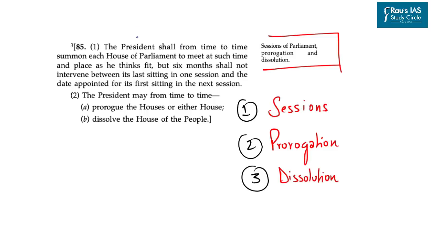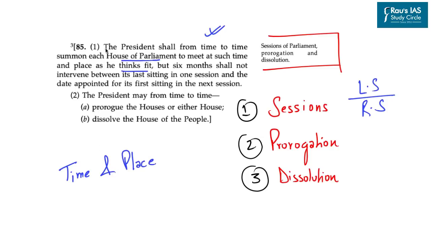So, the article highlights that president shall from time to time summon each house of parliament. So, the president can summon both Lok Sabha as well as Rajya Sabha to meet at such time and such place as he thinks fit. So, time and place can be determined by the president.